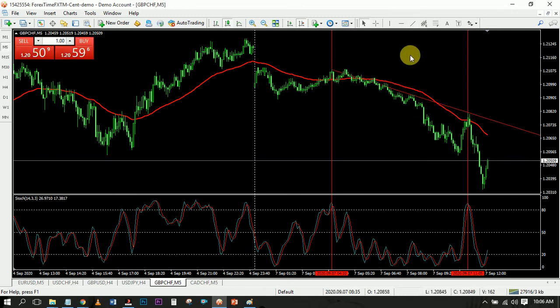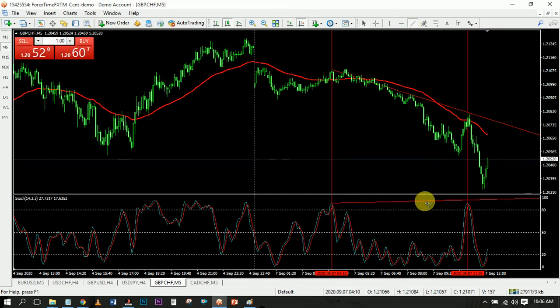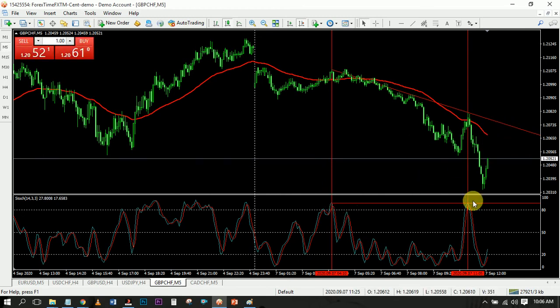Then on your stochastic, you can join these levels together and you will see that it's an uptrend. You can see this is moving upwards, this is moving downwards, or sometimes this could be on the same level. But to be on the safer side, it's preferable that it's an uptrend going this way.